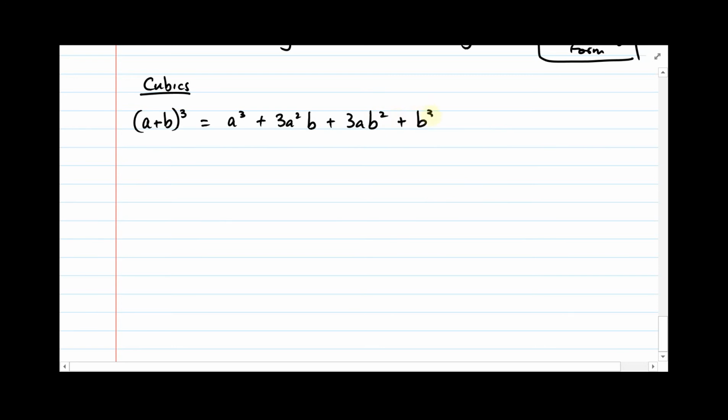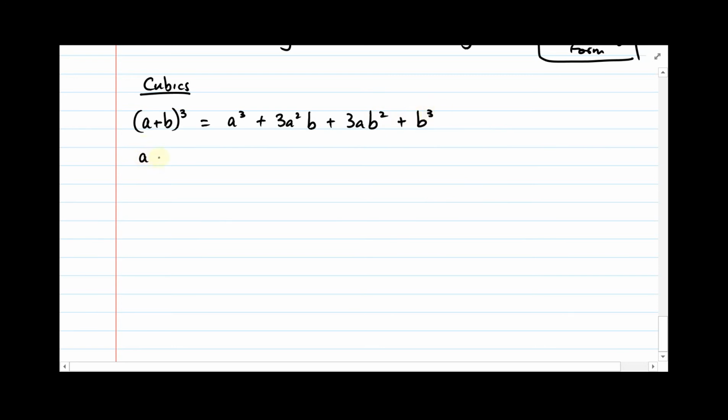For those of you who are continuing with the next term, we are also going to be using some special cubics. Alright. So if I have a binomial a plus b to the third, I'll give you the form: a cubed plus 3a squared b, 3ab squared, and b cubed.